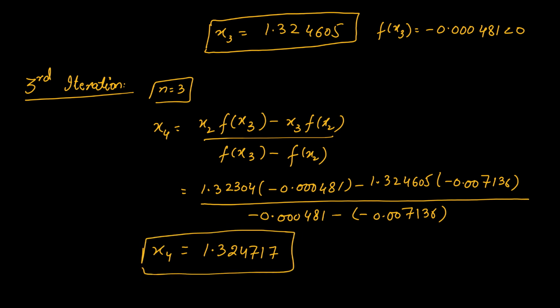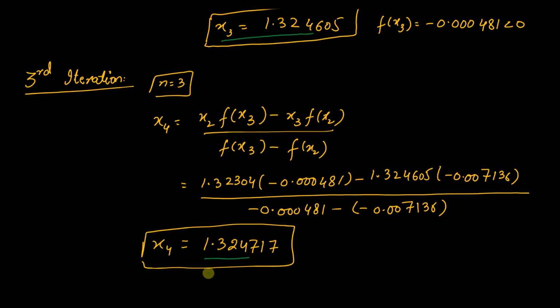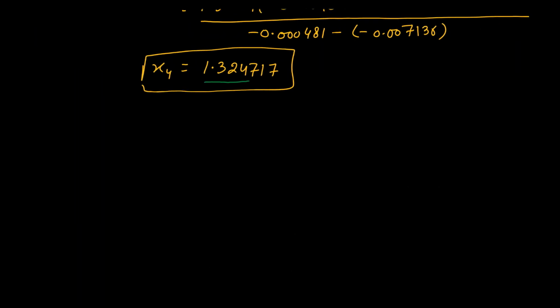Okay, so if we check, the value of x3 till 3 decimal places is 1.324, and the value of x4 is 1.324. So we achieved the accuracy after third iteration.